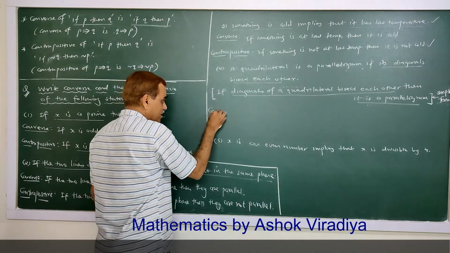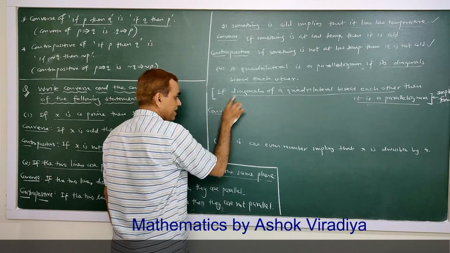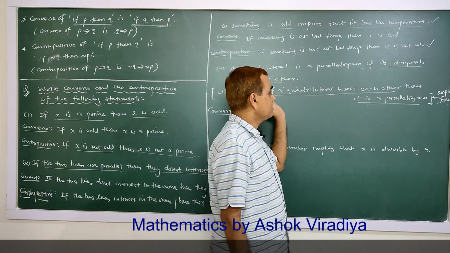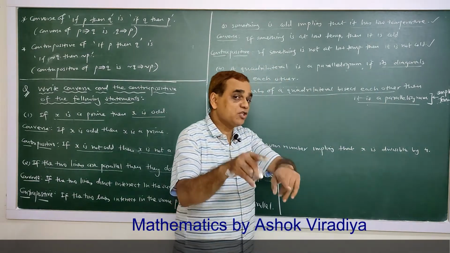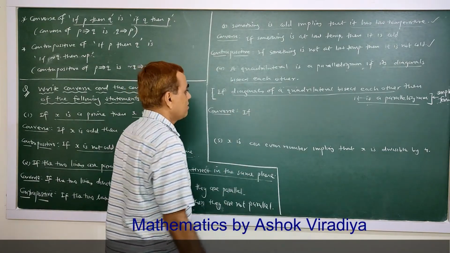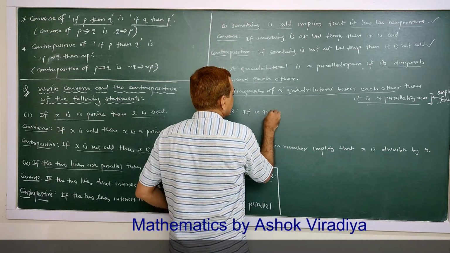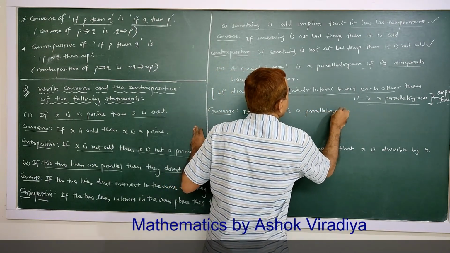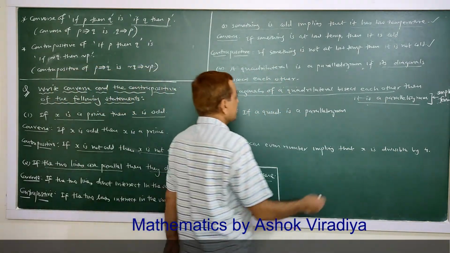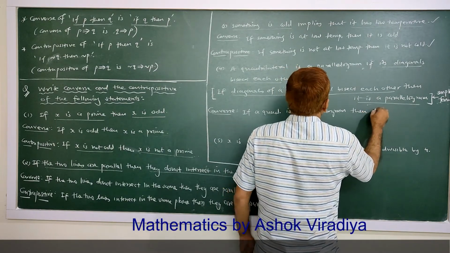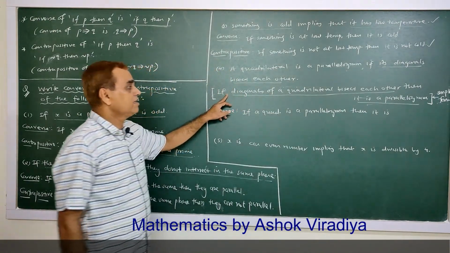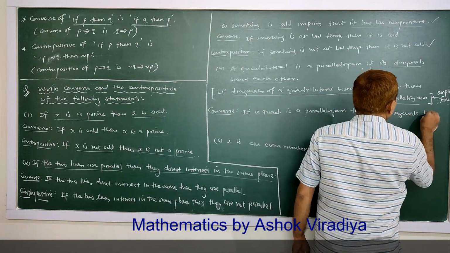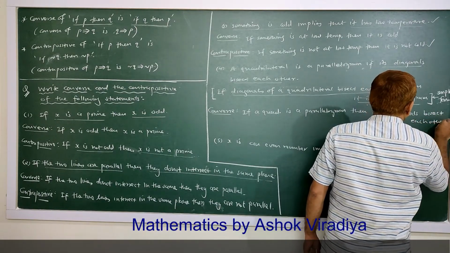Now we put converse. Converse of this statement is if Q, then P. Here this is P, this is Q. Now converse is if Q, then P. If a quadrilateral is a parallelogram, then its diagonals bisect each other.